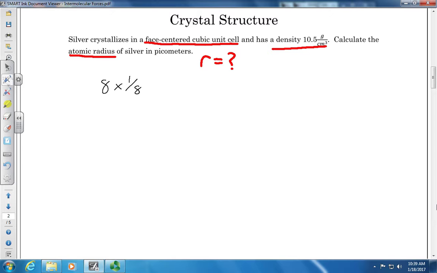There are 8 corners to a cube, and each of them is occupied by 1/8 of an atom. And to that, we're going to add 6 half atoms. There are 6 sides to a cube, and each face, at the center of it, holds half of an atom.